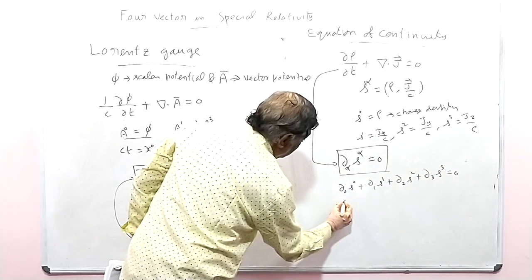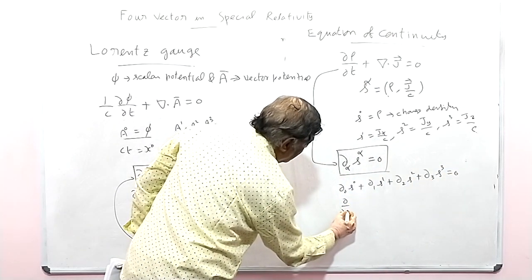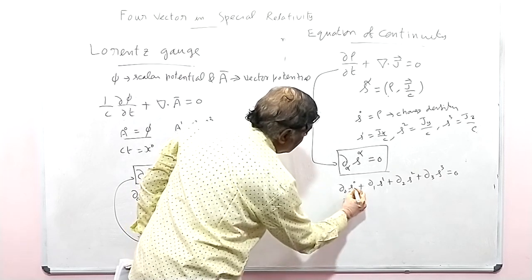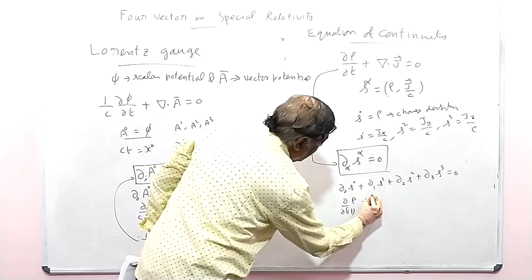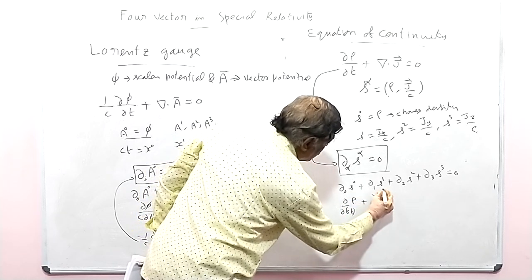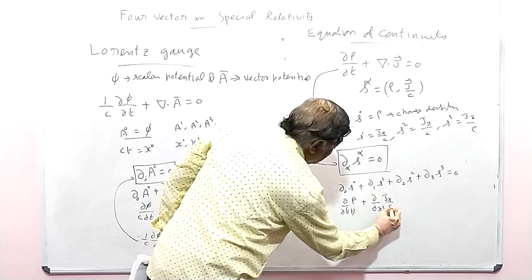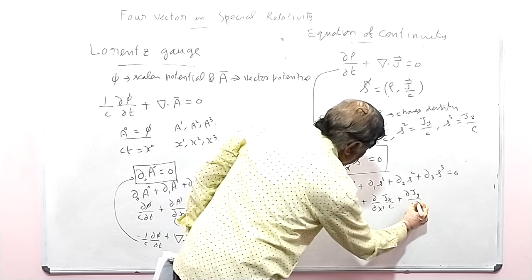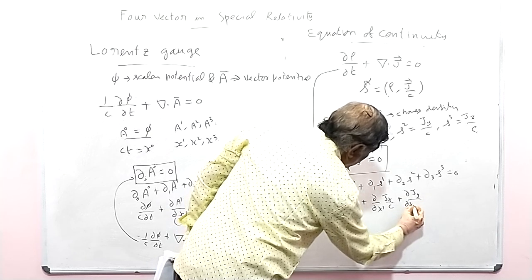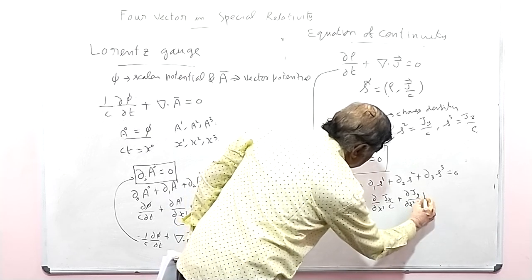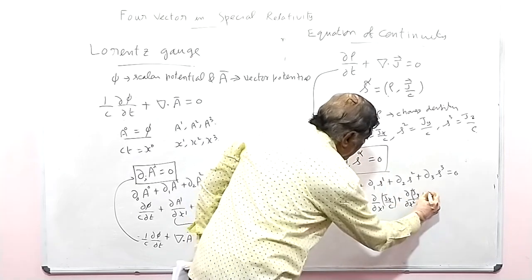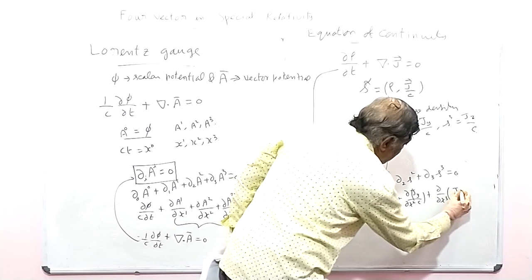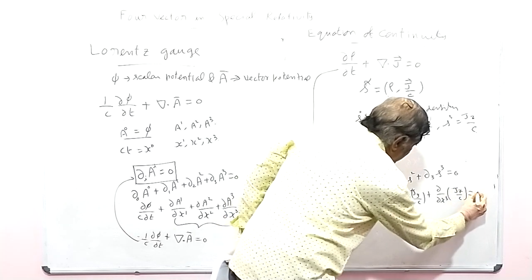This is D by D X0, which is CT, S0 is rho, plus D by D X1 of S1, which is Jx by C, plus D by dx2 of Jy by C, plus D by dx3 of Jz by C, which is equal to 0.